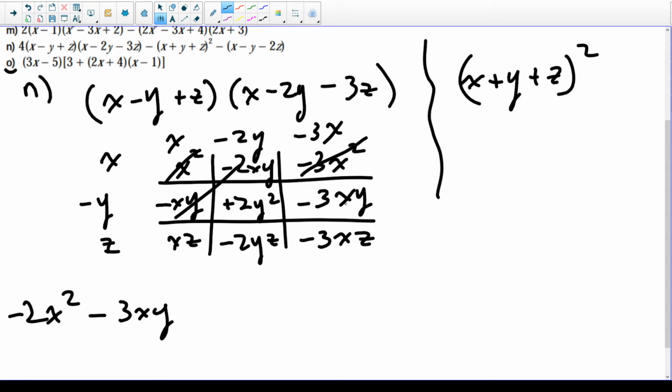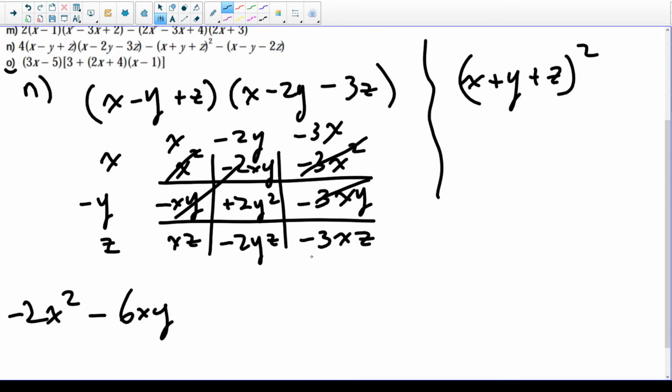Now I've got an xy here that's going to join, oh, I forgot that xy. So that xy is going to join with those two xy's. So I'm going to have minus 6xy with that one. And then I have an xz and an xz.